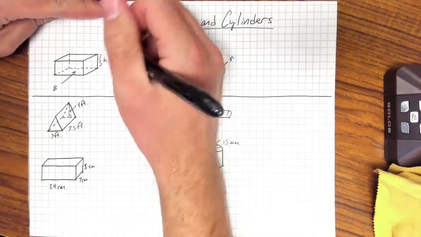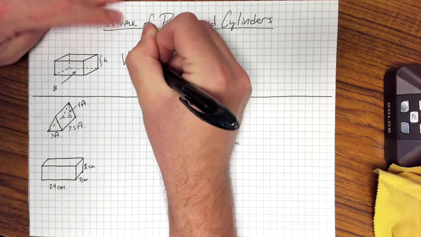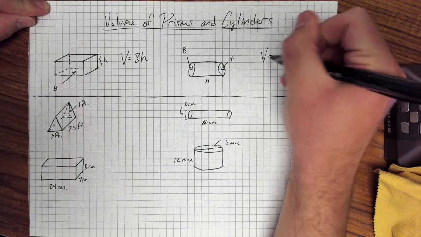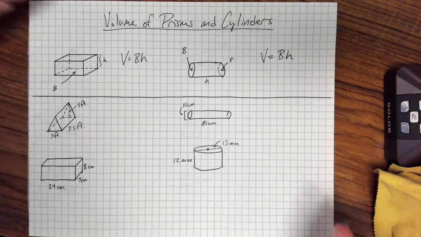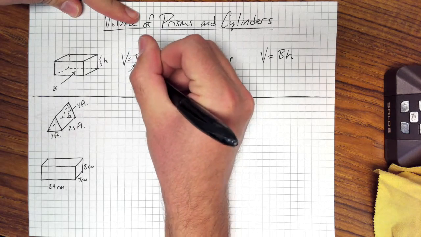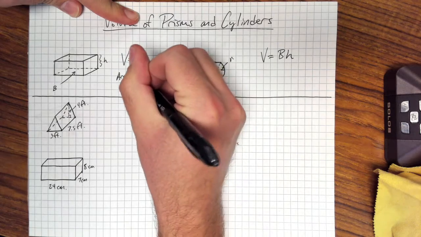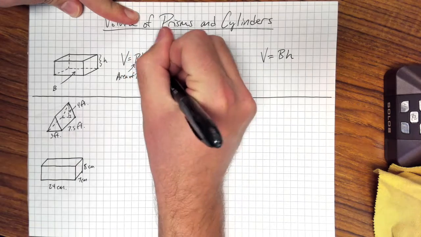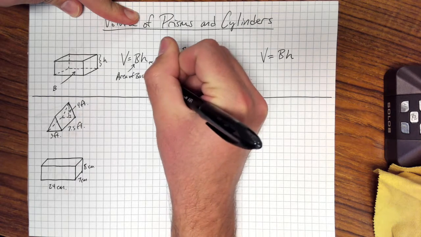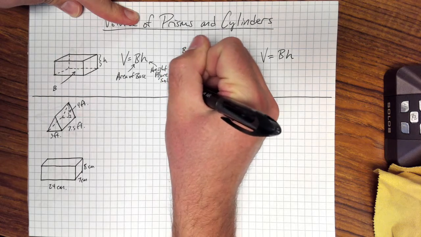Now, the formula for each of these is V for volume equals big B times H. Same thing over here. V is big B times H. Now, both of these actually mean the same thing. So this B is area of the base, and this H is height of the figure or the solid, whichever word you prefer.